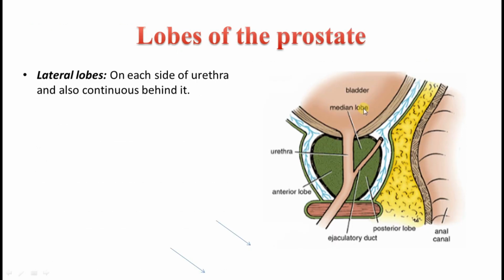Lateral lobes are seen on either side of the prostatic part of urethra, or lateral to the ejaculatory ducts.